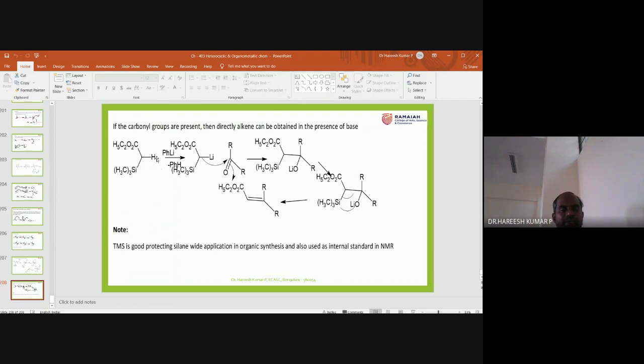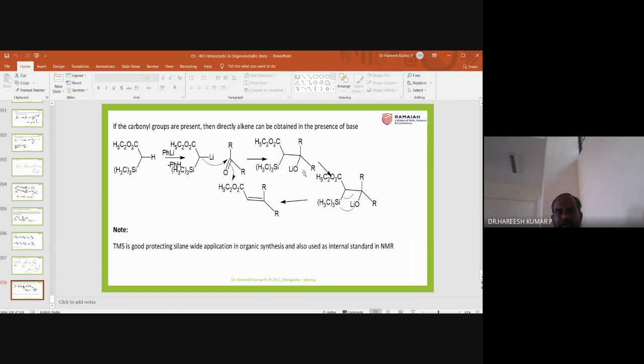This proton is captured by a base. So this is also a base catalyzed one. So there will be an anion formation. Suppose during this reaction there is a presence of aldehyde, what will it do? There will be a new bond formation between this carbon and this oxygen. So a compound is obtained like this.